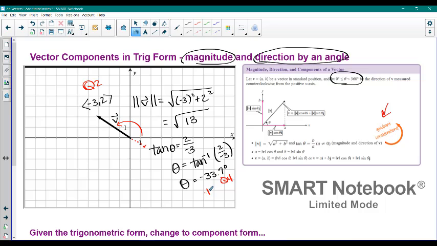Well, that means we need to add 180 degrees to this value. And we get that theta is equal to 146.3 degrees.